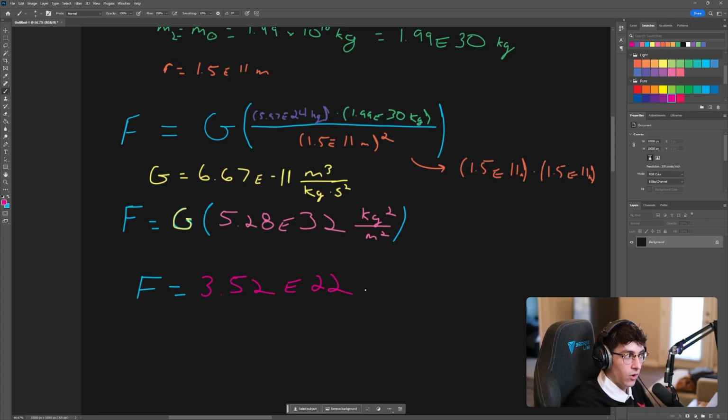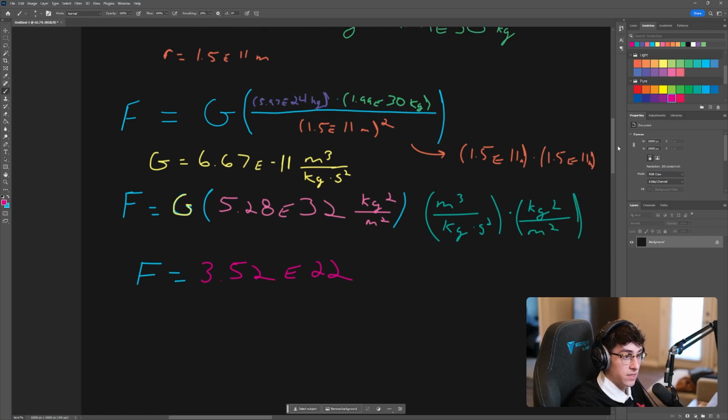But what are the units on this? Because we have meters cubed over kilograms times seconds squared multiplied by kilograms squared over meters squared. So if we're going to extract the units away just so we can do a simple calculation with those, which is meters cubed over kilograms times seconds squared, multiply this by kilograms squared over meters squared.